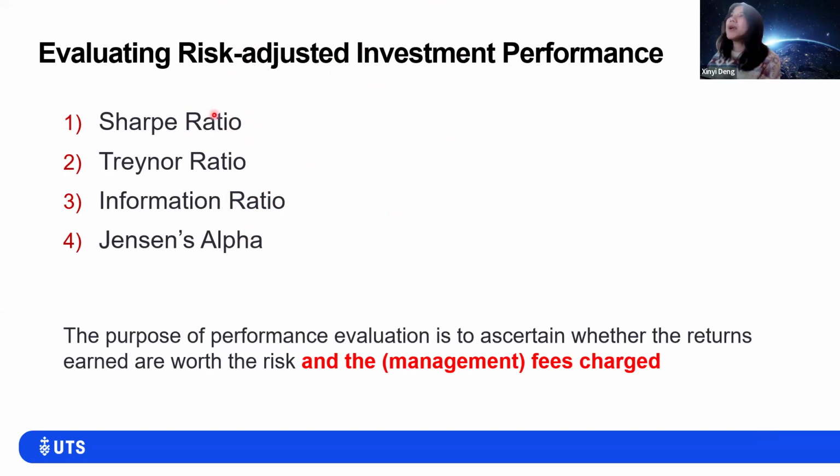So we have the Sharpe ratio, Treynor ratio, information ratio, and Jensen's alpha. We will discuss those measures in more detail in later slides. Right now, I just want you to bear in mind that the purpose of performance evaluation is to ascertain whether the returns earned are worth the risk taken and the management fees charged.